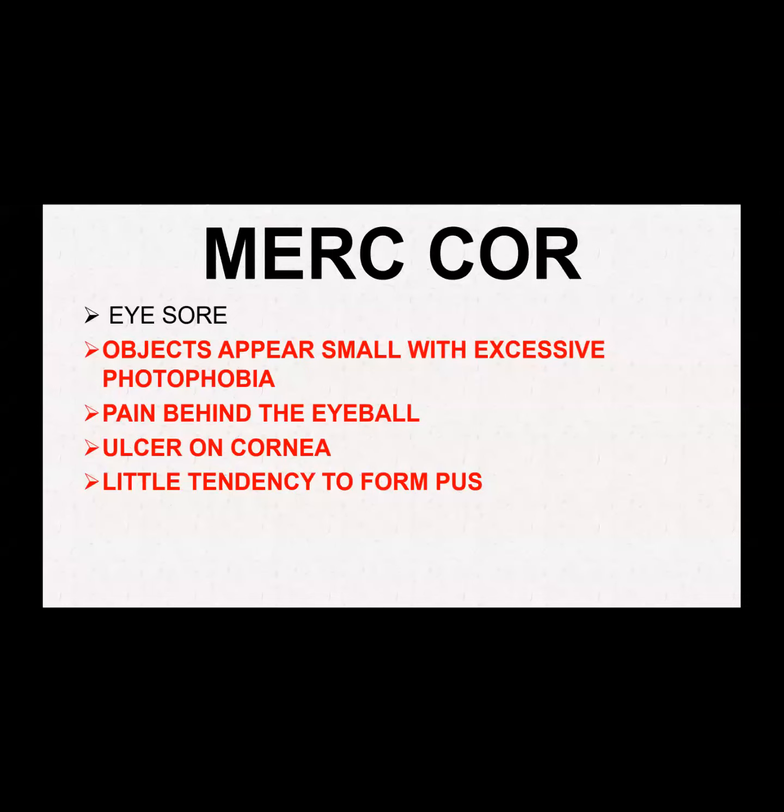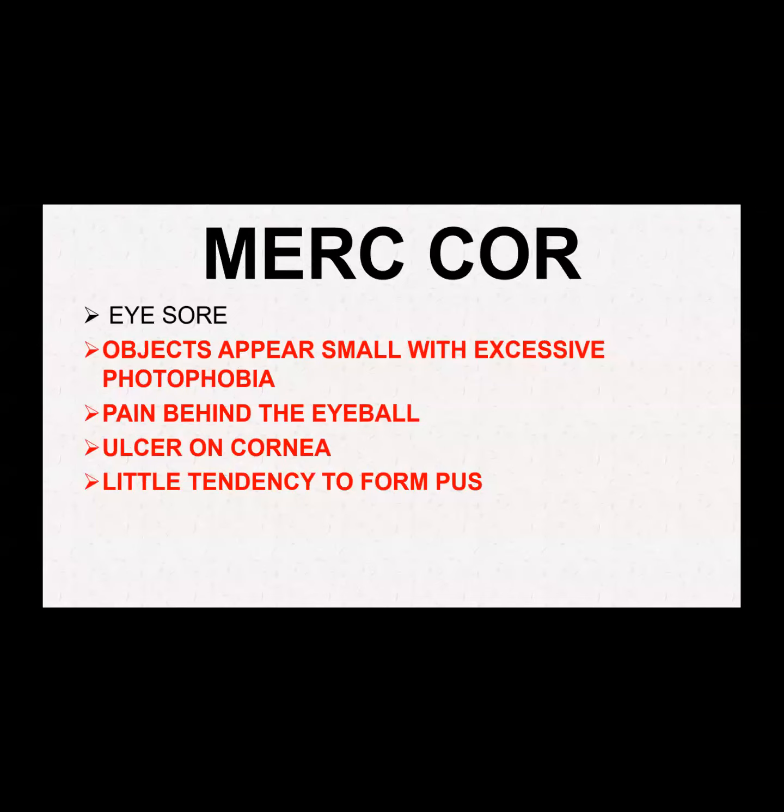They are either psoric or mostly syphilitic, so the psychotic phase is much reduced. There will be soreness, excessive photophobia with objects appearing small, pain behind the eyeball, and ulcer on the cornea. The corneal ulcer starts to be in the middle stage in comparison to Hepar.